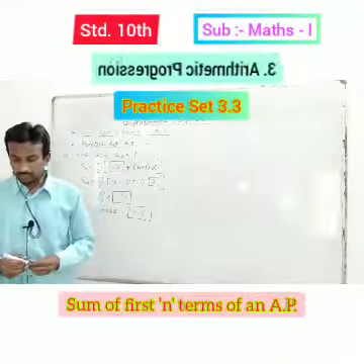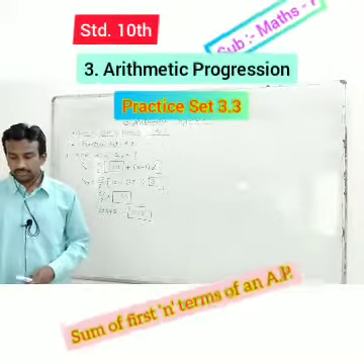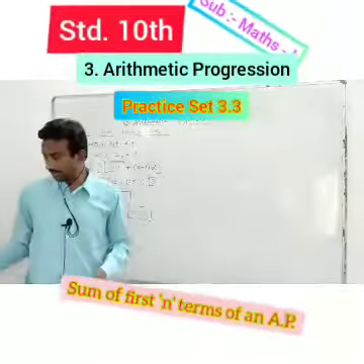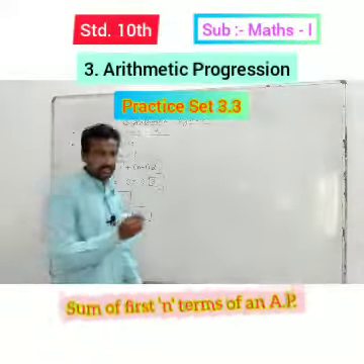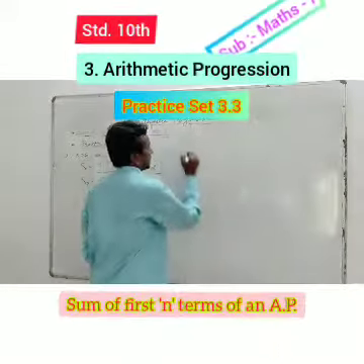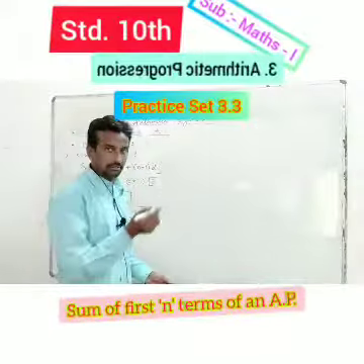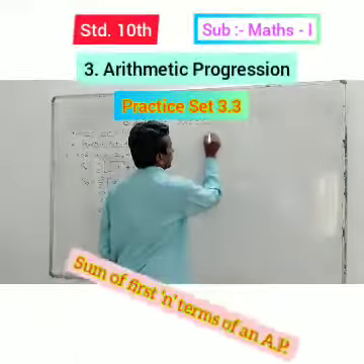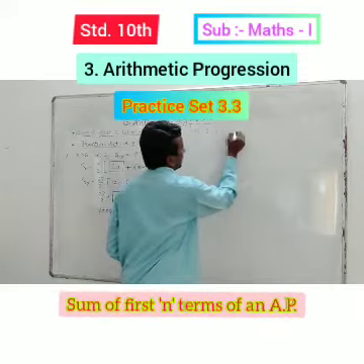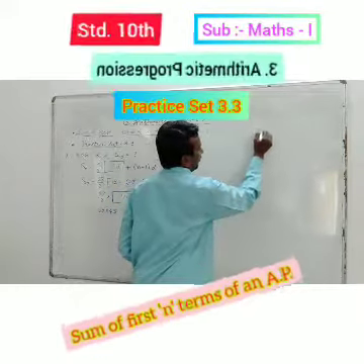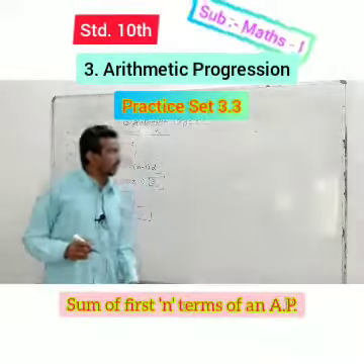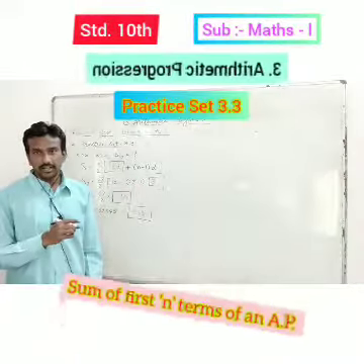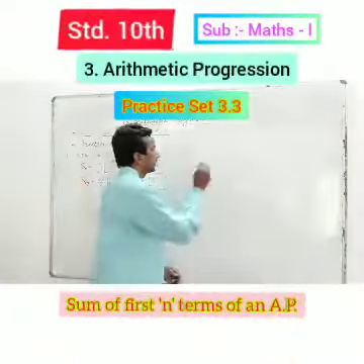Now question number 2: find the sum of first 123 even natural numbers. Second example. We know even natural numbers are 2, 4, 6, up to 2n. We have to find the sum of such 123 even natural numbers.